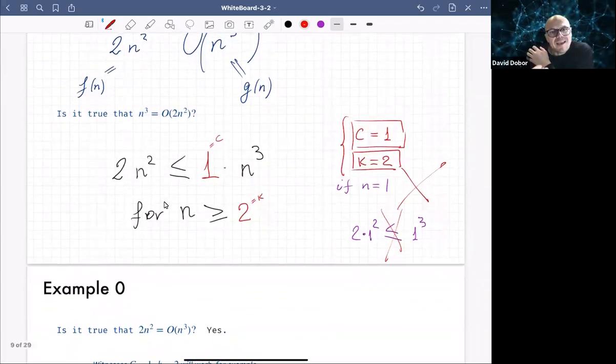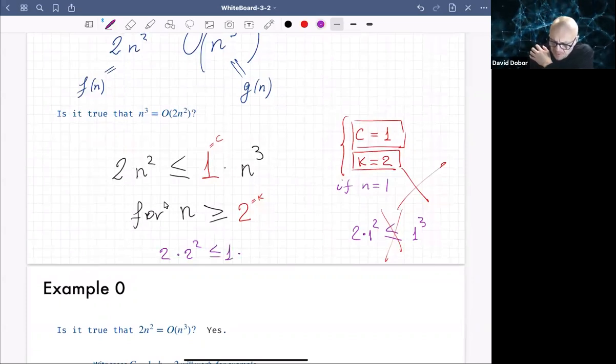When n is at least K, where K is 2, then for every n after that, n being 2, n being 3, n being 4, n being 50 gazillion, it is true that 2 times 2 squared is less than or equal to 1 times n cubed, which is 2 cubed. So I fixed n at 2. And this is also true when n is 3.